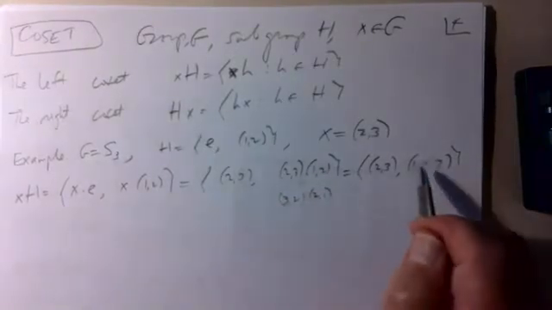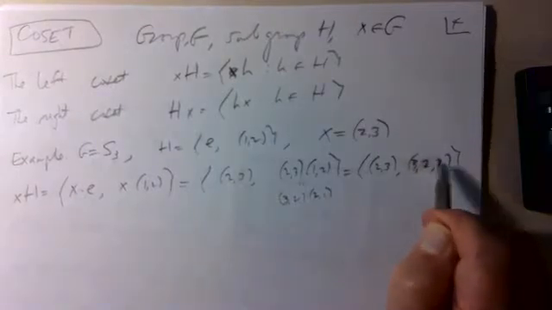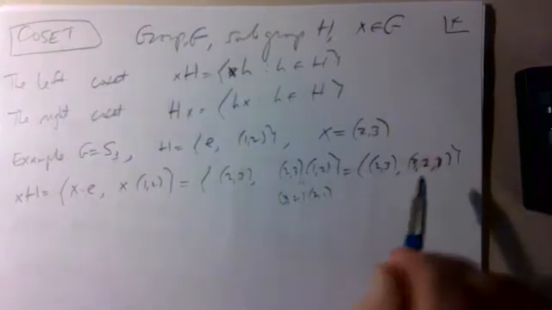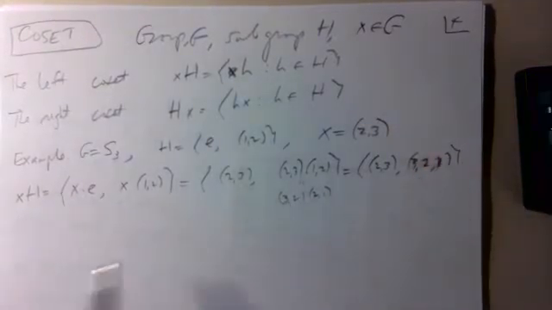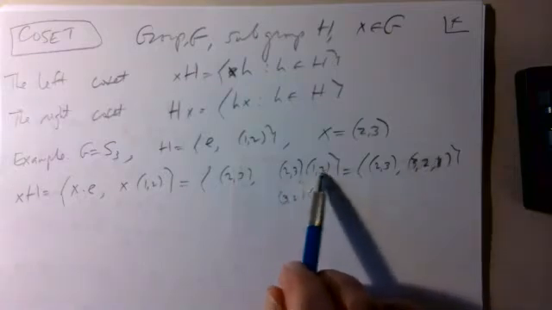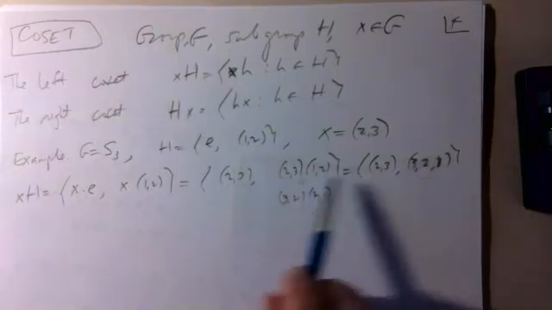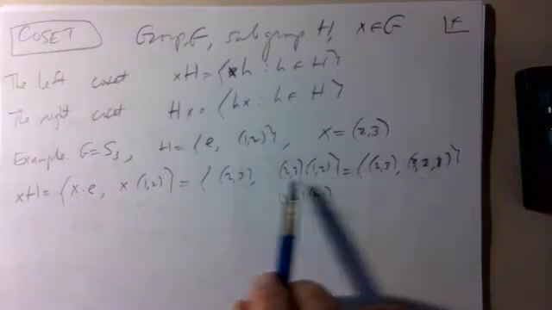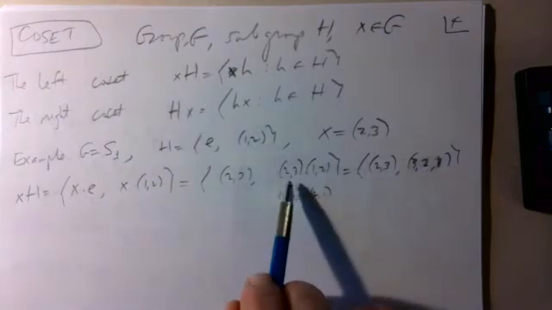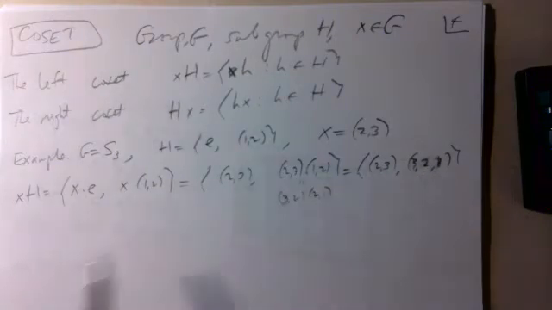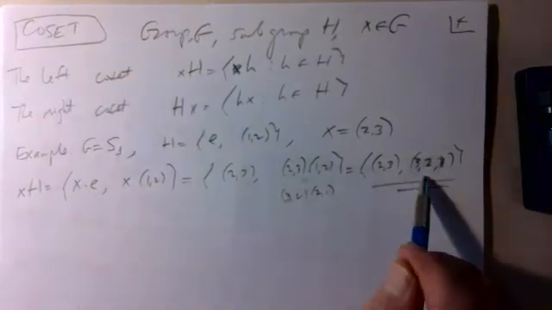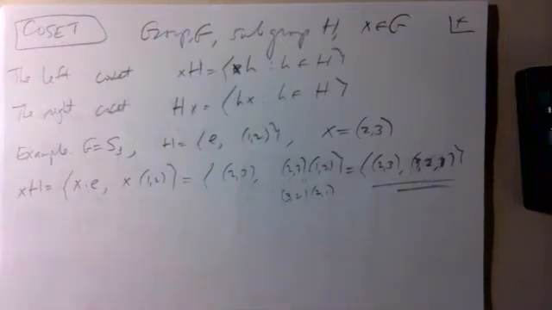And when you put that together, you get (3 2 1). Because you see, this sends 1 to 2 to 3. So 1 goes to 3, 2 goes to 1, and 3 goes to 2. So these two group elements are the left coset xH.